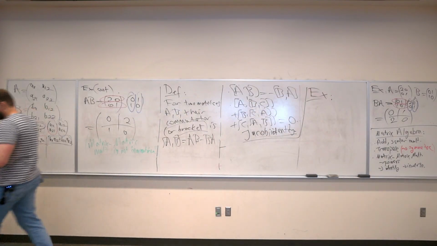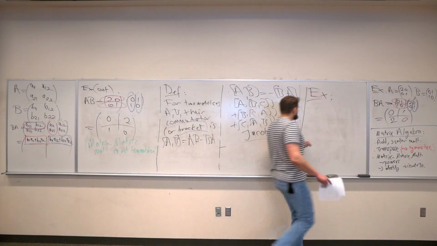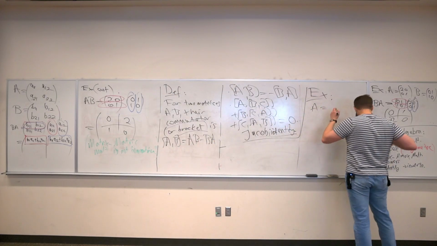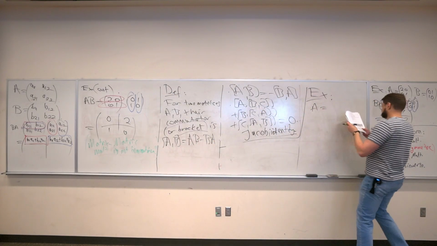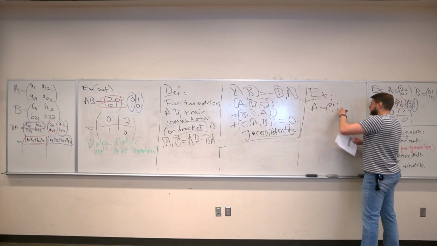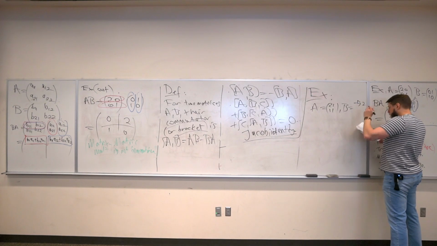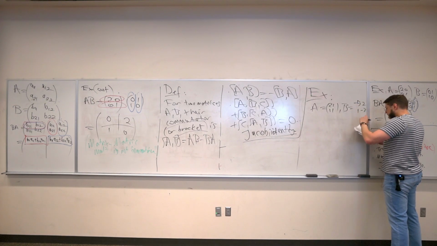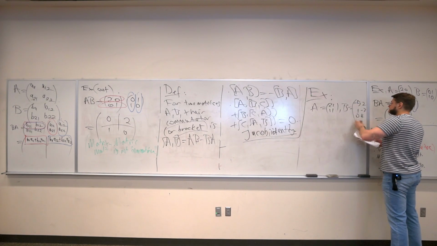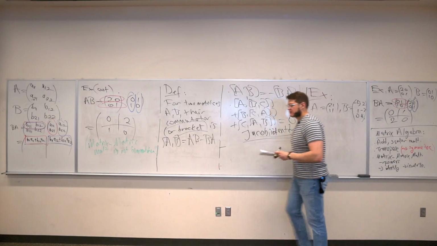Say A is 2, 1, 1, 1, and then B is -5, 2, 1, -3, 0, 4. Okay, I want to compute AB.